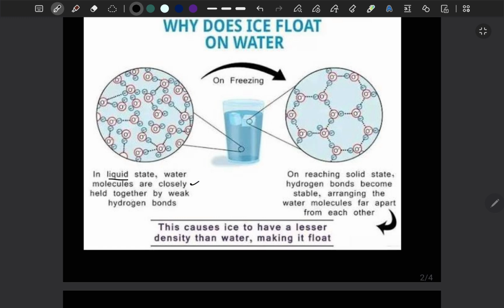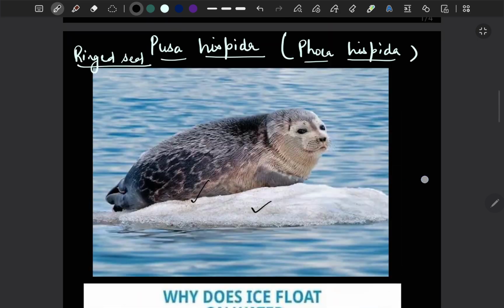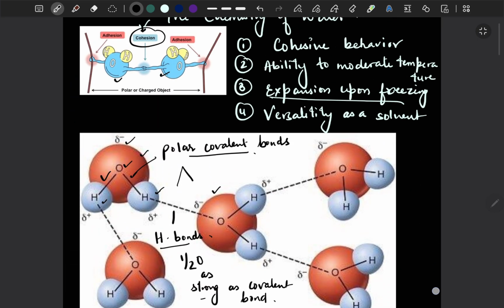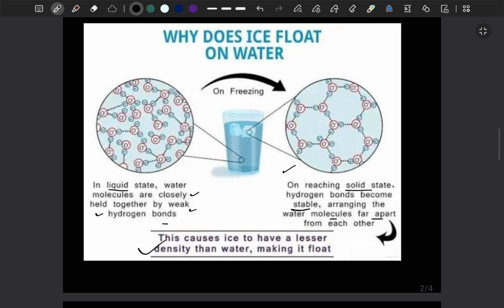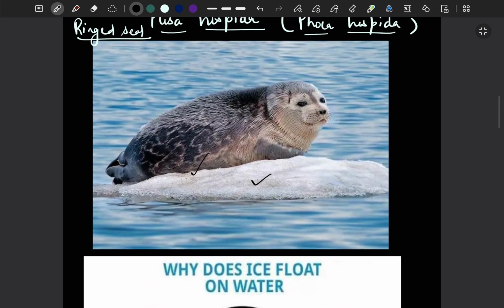The molecules are very closely held together by weak hydrogen bonds. But when it reaches solid state, the hydrogen bonds become stable, so the water molecules are very far apart from each other. So ice has less density than water, because it has expanded. Clear? More space is there, it has less density, that's why ice floats on water.